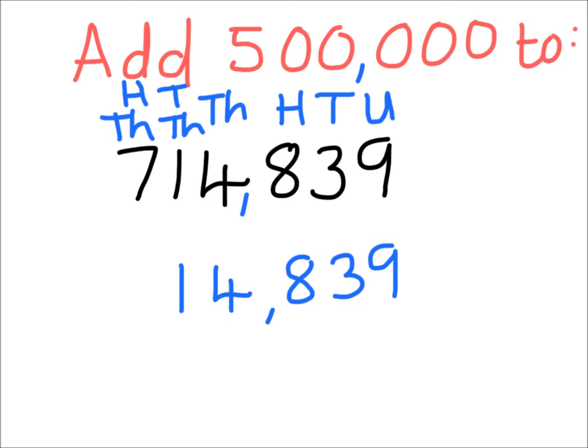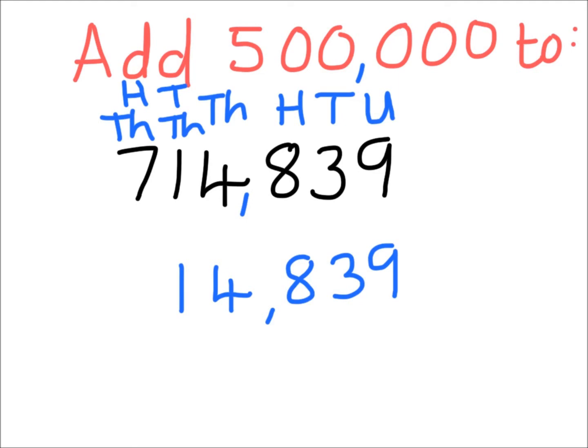Now in the hundreds of thousands column, I have got 700,000 as shown by the arrow. 700,000 add 500,000, 7 add 5 would give us 12, or 1200 thousands. But as you'll know from working with place value columns and working with number extensively, we can't have a digit more than 9 in a place value column.